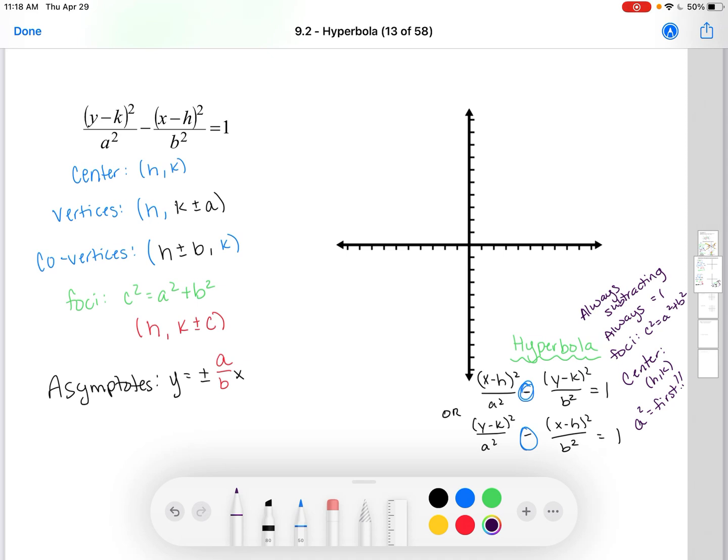It doesn't have to be the biggest this time, but it does need to be first. Whatever one is first is going to tell me if I'm going left and right or up and down. The reason why it's not first for an ellipse is because I'm adding my fractions, so that doesn't necessarily matter. But since I am subtracting, then yes, a squared will always have to be first.